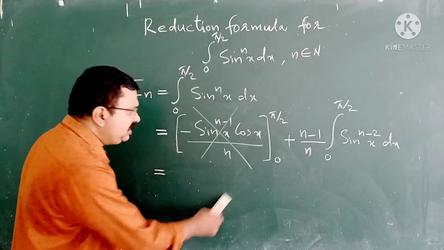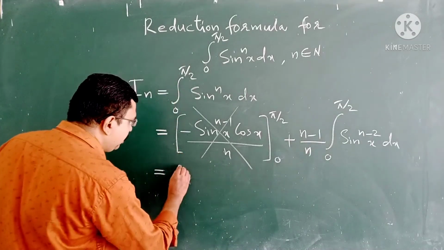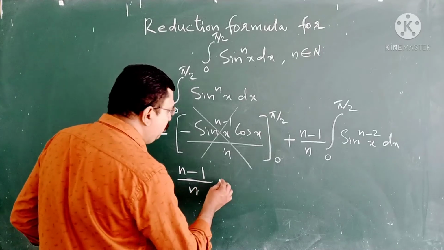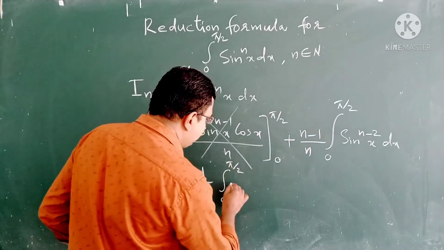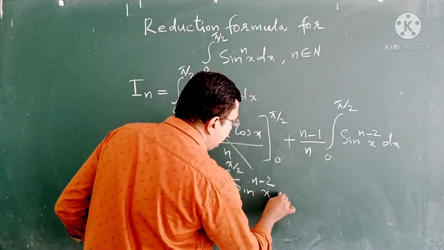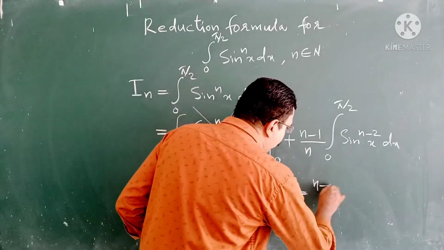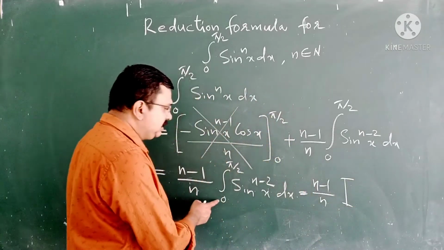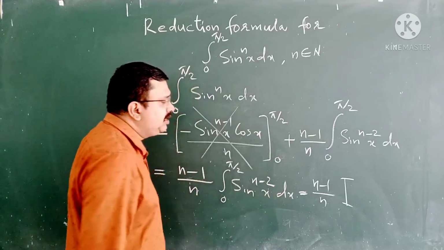Then what is the second term? The second term is n minus 1 divided by n into integral 0 to pi by 2 sin n minus 2 x dx, which is equal to n minus 1 by n I. What is integral 0 to pi by 2 sin raised to n minus 2 x dx?